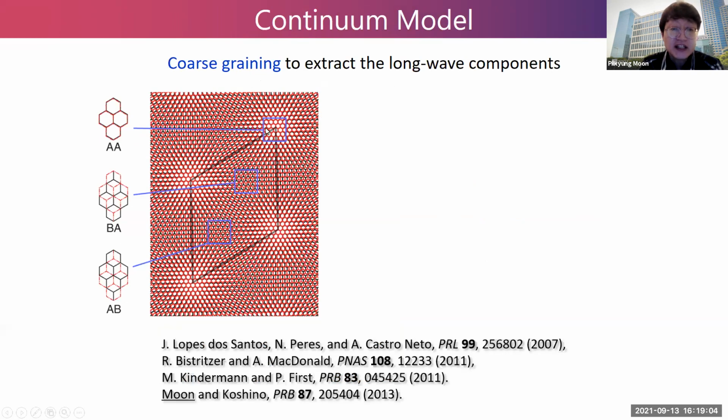The idea is, as you can see, the local configuration of a Moire superlattice looks like the local configuration of non-rotated bilayer graphene. For example, the vertex of a unit cell looks like AA stacking, while the intermediate state looks like BA or AB stacking.